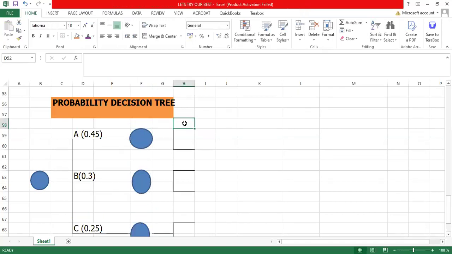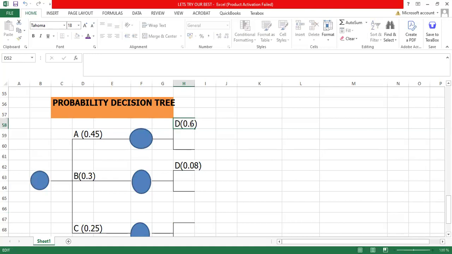The probability of defective related to A is 0.06. Then the one related to B defective is 0.08.